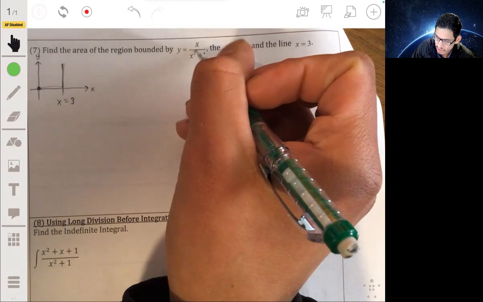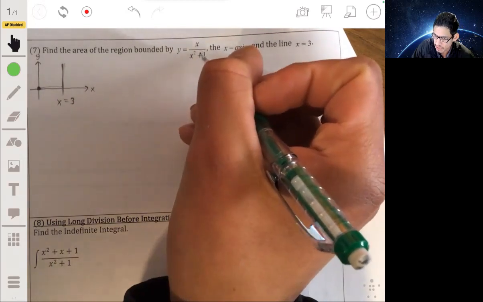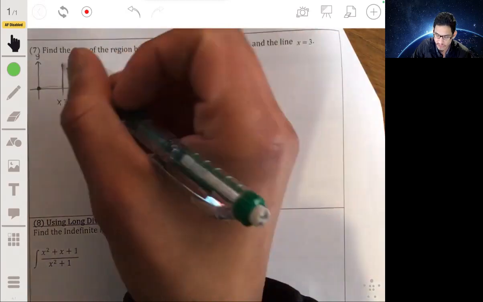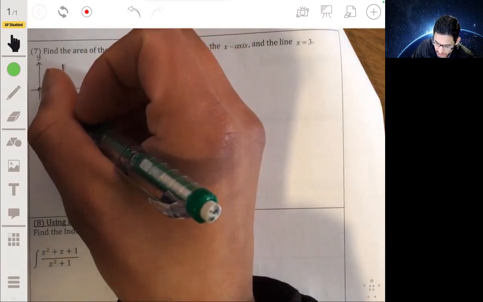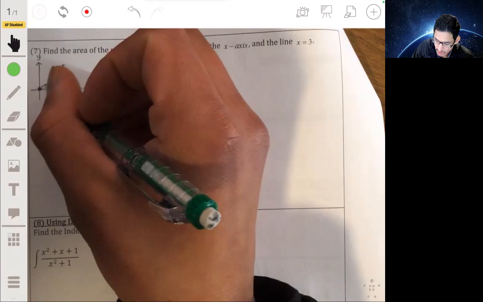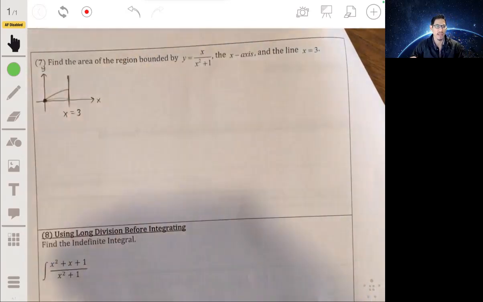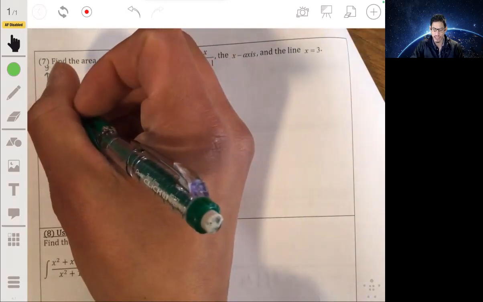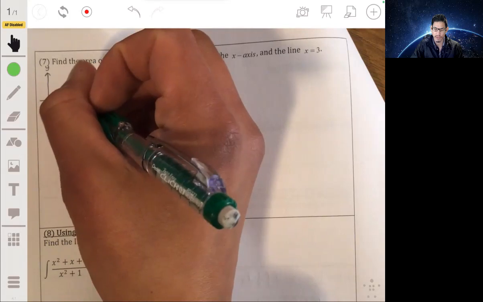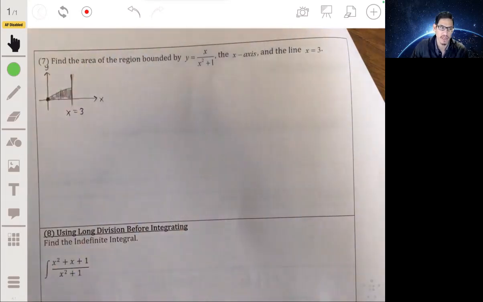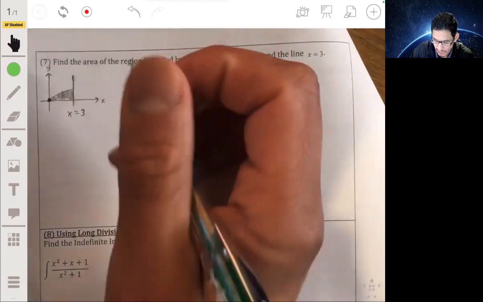And we know that this is always going to be a positive number because you have a number squared and the top will always be positive whenever x is positive. So it's probably doing something like this. I'm not sure, but we know it's always going to be above the x-axis. So there's no worries about it going below the x-axis. So again, just keep that in mind whenever you're integrating and maybe don't have the exact picture.